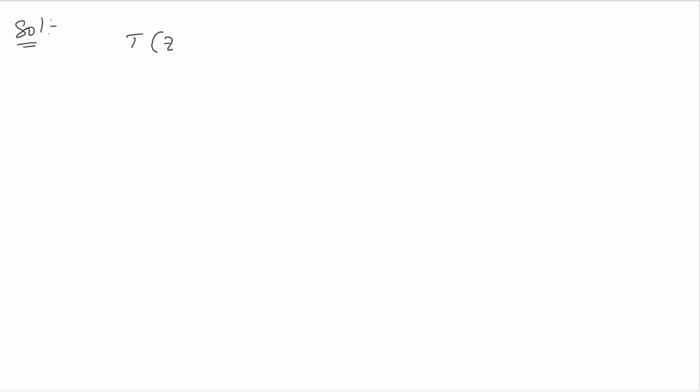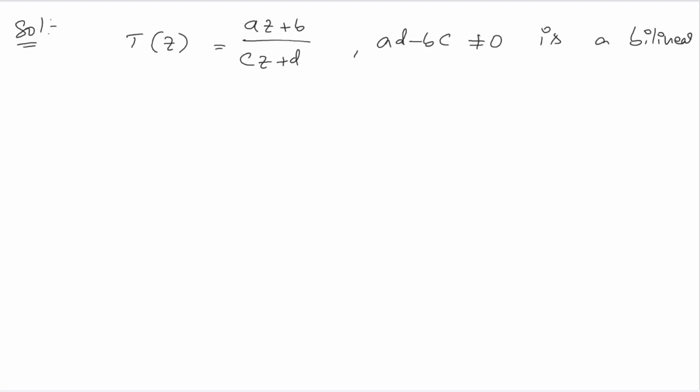A function of the form Az plus B divided by Cz plus D with the condition AD minus BC is non-zero is called a bilinear transformation, where Z is in C minus the singleton set minus D divided by C.